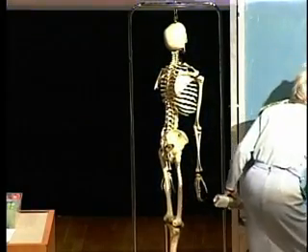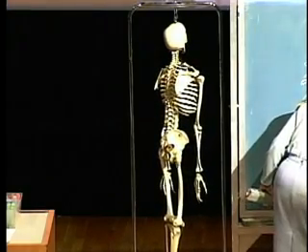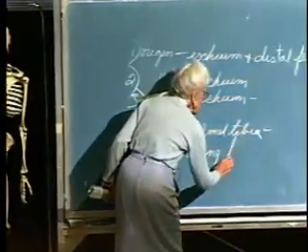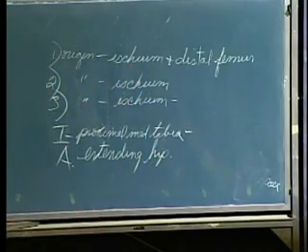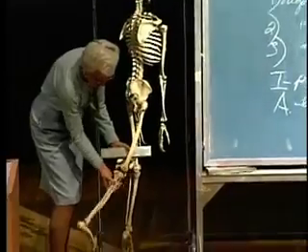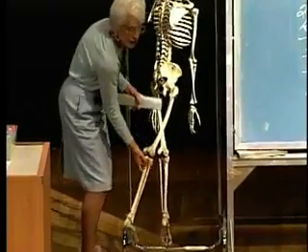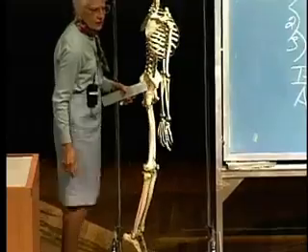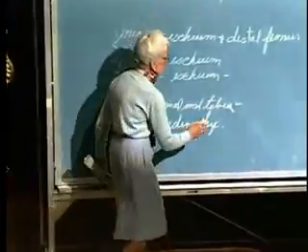Extending hip. But then they're coming on down to proximal tibia. So what are they doing here? At the knee. That's flexing. That's flexing the knee.